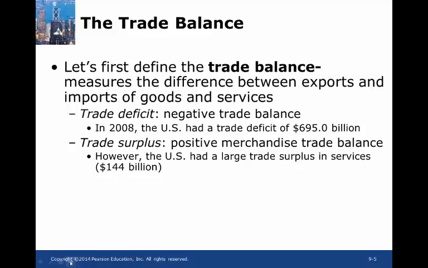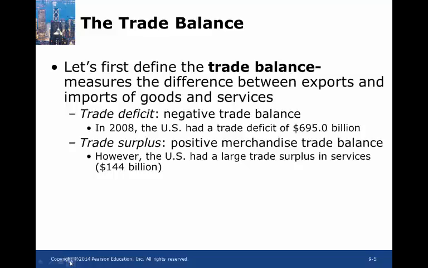For example, in 2008, the United States had a trade deficit of nearly $700 billion. A trade surplus, on the other hand, is when we export more than we import. So that means there's a positive merchandise trade balance. And the U.S.